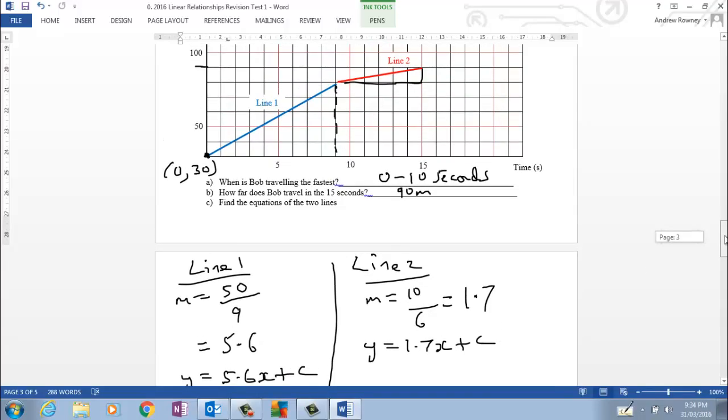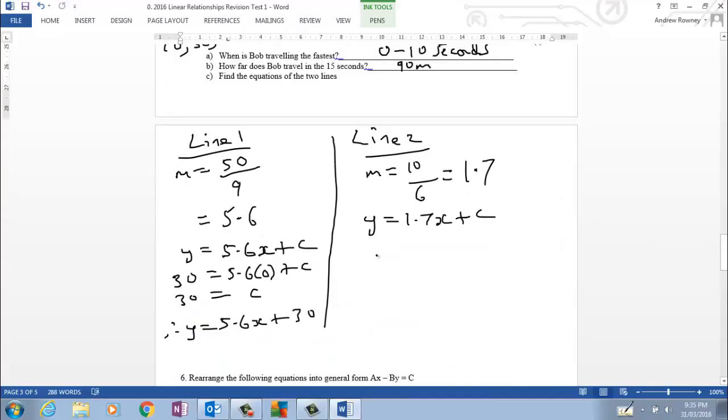Now to find the c, we substitute a point in. We could use this point here, because that's lying on the line, which is 9, 90. So if we put 9, 90 in, then 90 is where y is, and 9 is where x is.